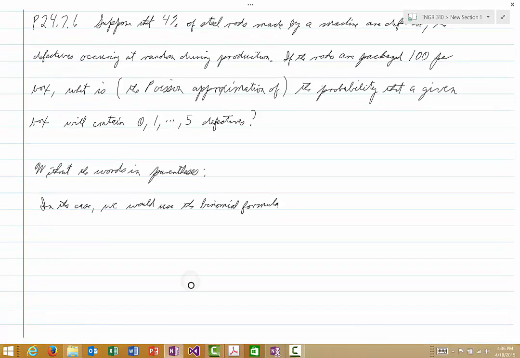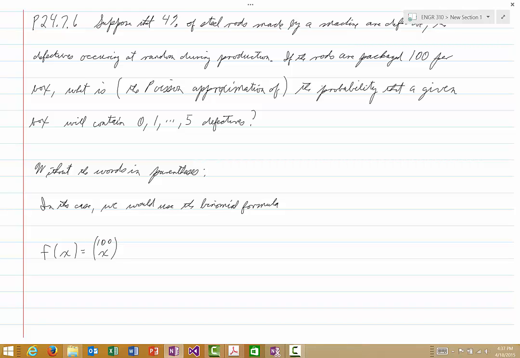and so we would have f of x is equal to, now n in this case is 100, so 100 choose x, that is choosing out of the 100 steel rods in a box, which x of those will be defective.